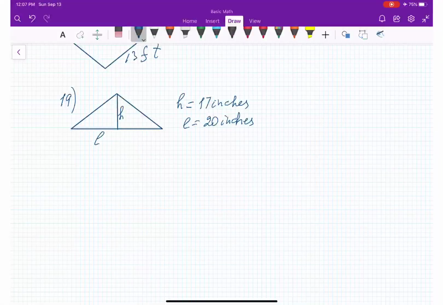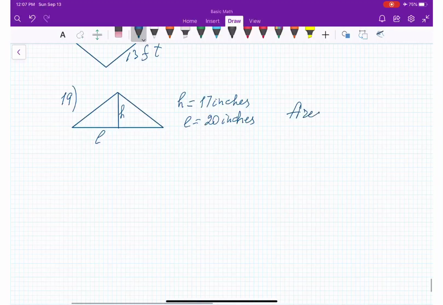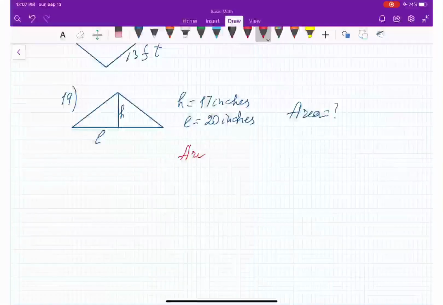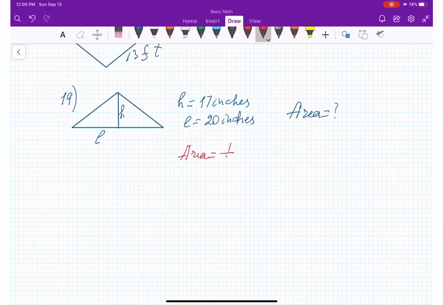So what do we need to find? We need to find the area. The formula for area in triangle is equal 1/2 the height times base. Let me put as a B so it will be more understandable. Base.